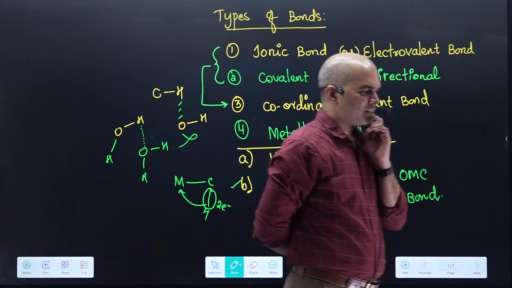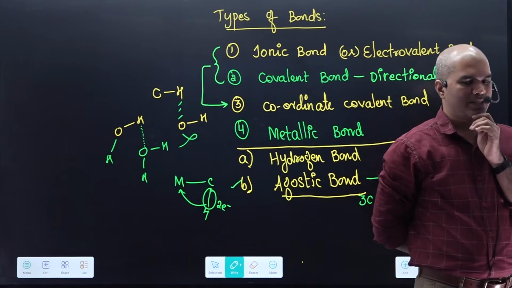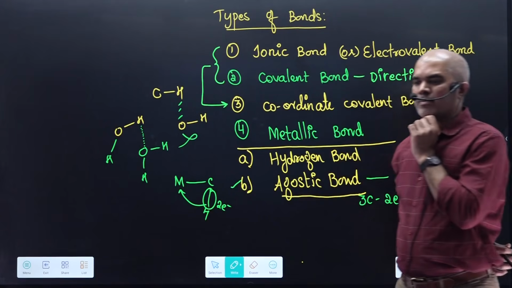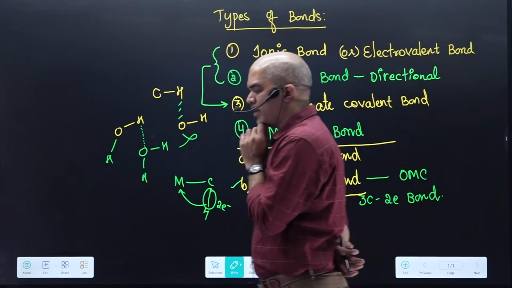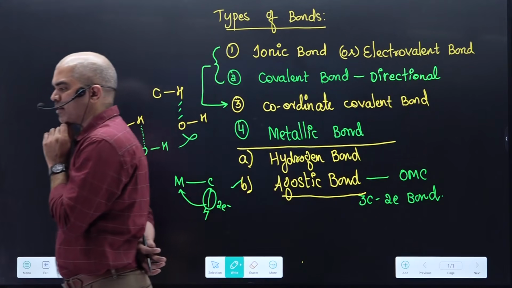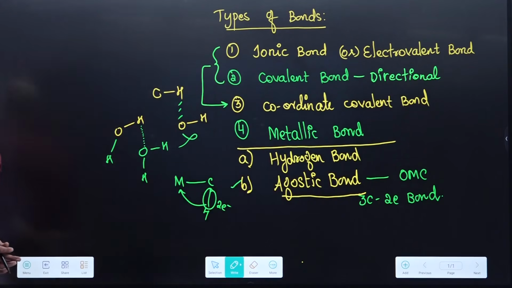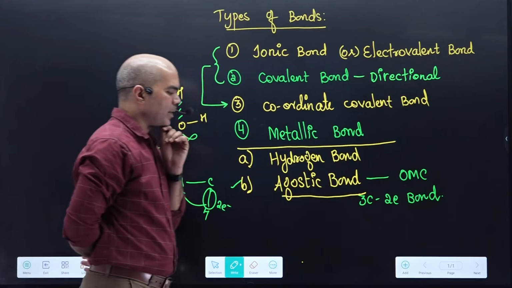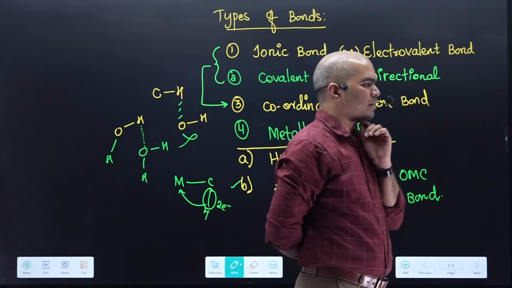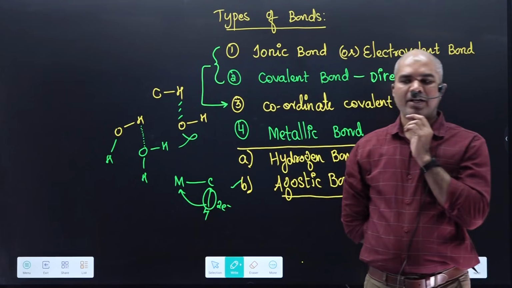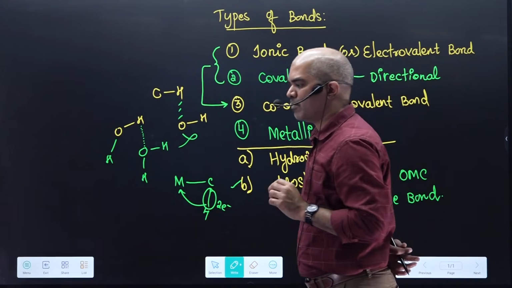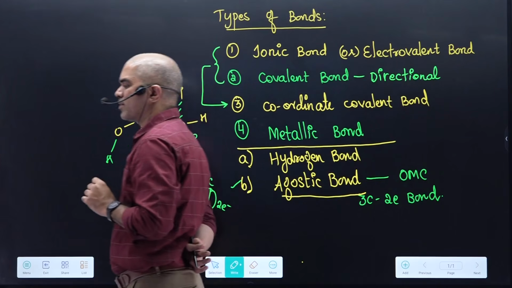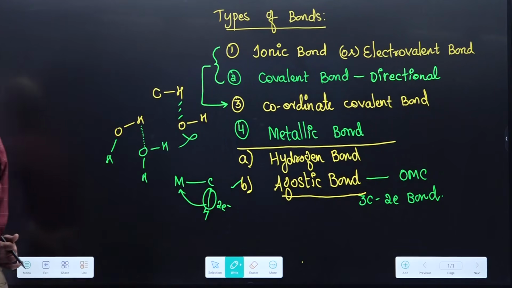Next, in metal clusters, metals can combine to form metal-metal bonds where d orbitals participate.